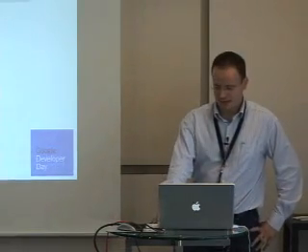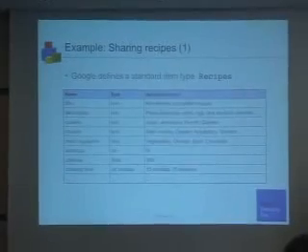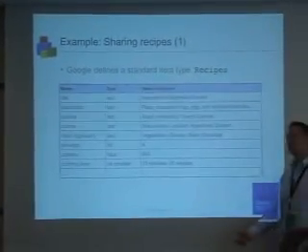So let's look at some examples first that are illustrating these concepts and the visual user-facing components of Base. As a first example, let's see how we can use Base as a means to share recipes. Recipes is one of the item types that Google proposes.